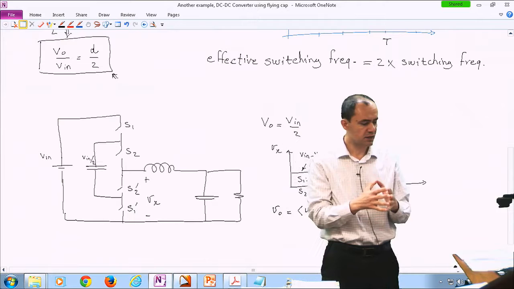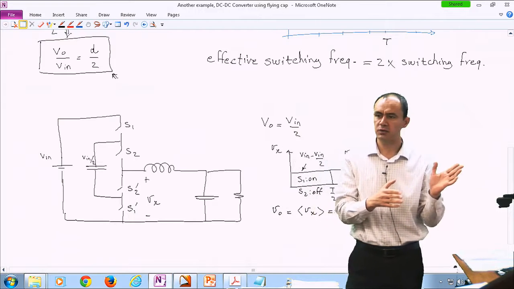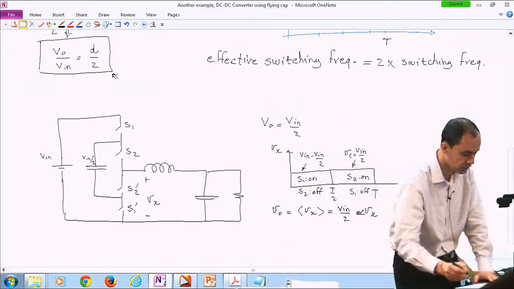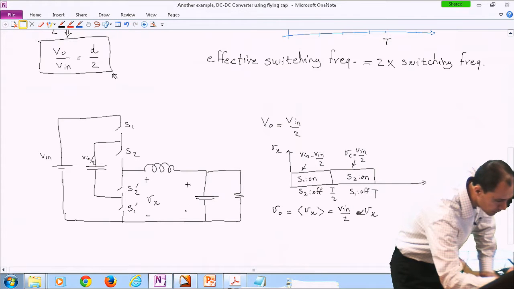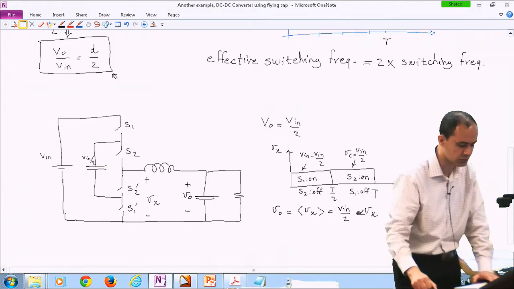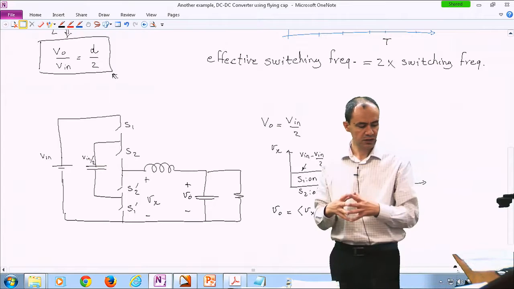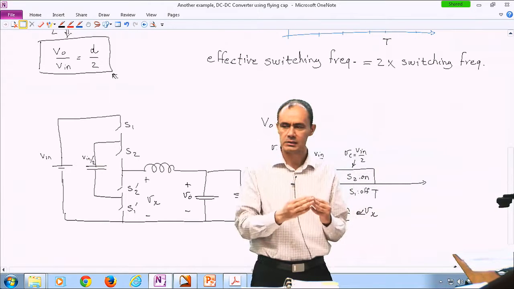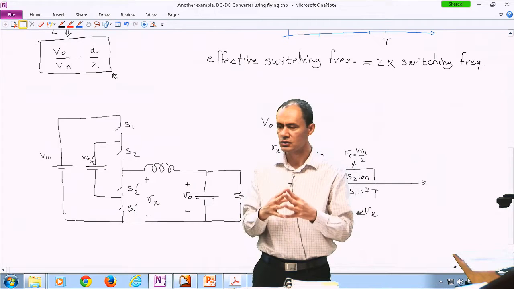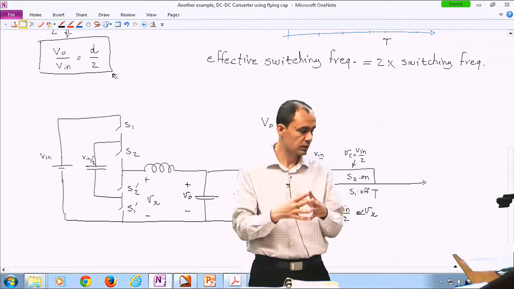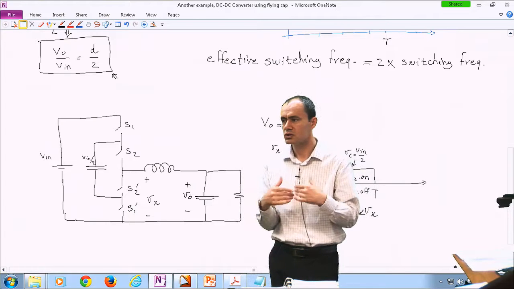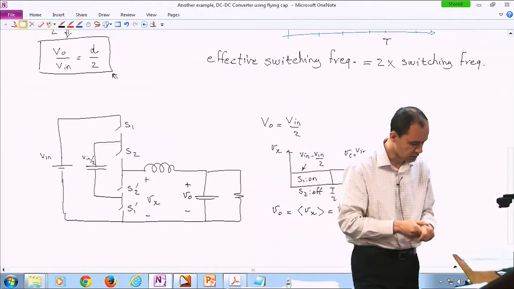Remember, Vx is the voltage on the left terminal of the inductor with respect to the ground. Vout is the voltage on the right terminal of the inductor with respect to the ground. So if Vx and Vout are almost the same, that means the inductor does not see any voltage drop across its terminals, so we can just eliminate the inductor.